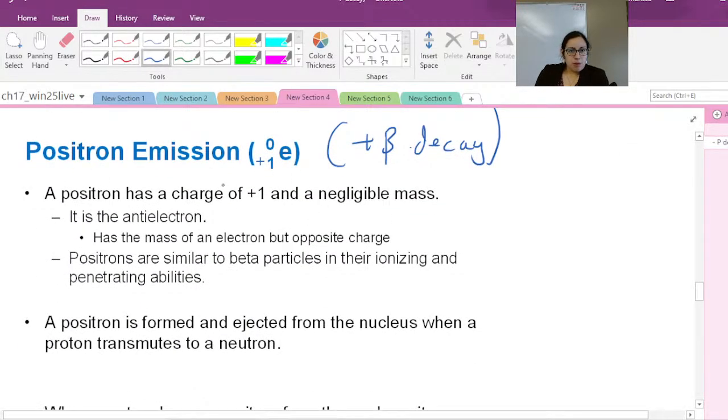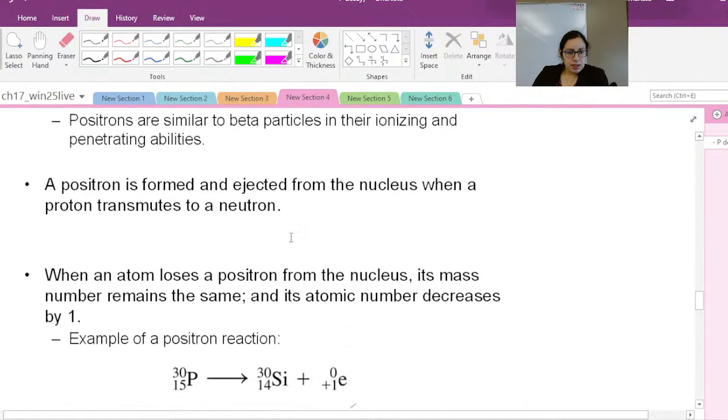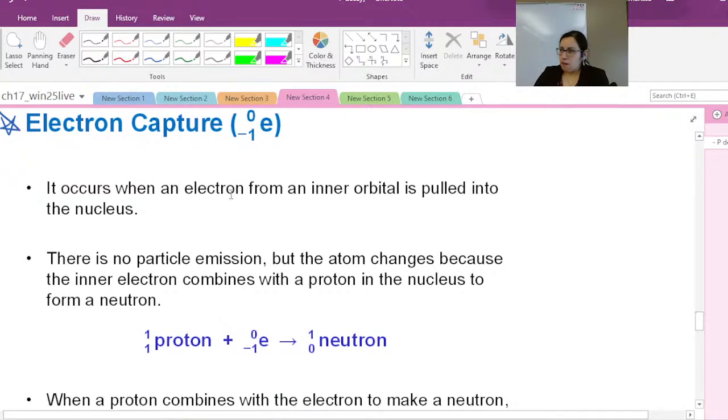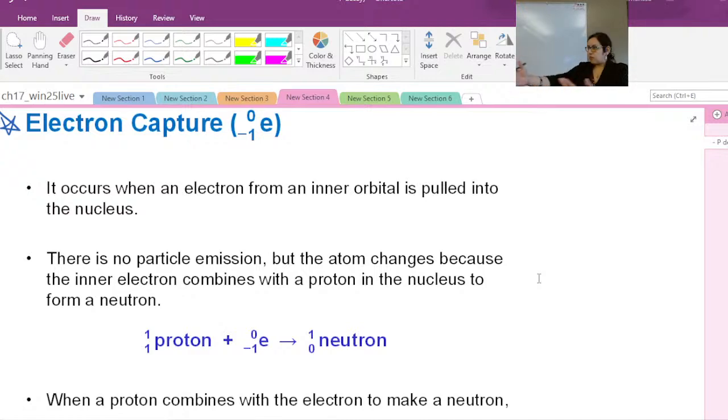So then we went over our positron emission. And then the last one, which is kind of a little oddity in my opinion, is electron capture. It's kind of in the name how it's different. Instead of splitting, it's first captured, so it's pulled into the nucleus.